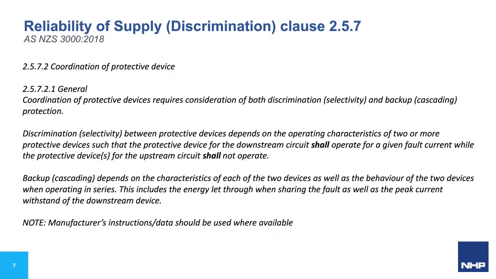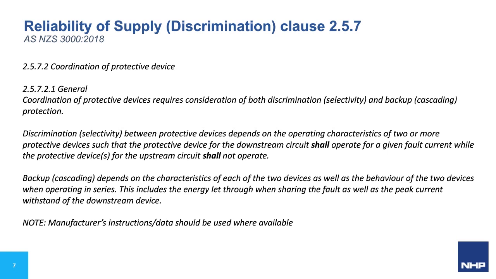AS/NZS 3000:2018 refers to reliability of supply, or discrimination, specifically in clause 2.5.7. It refers to coordination of protective devices and states that coordination of these devices needs to consider both discrimination (selectivity) and backup protection (cascading) to operate correctly.